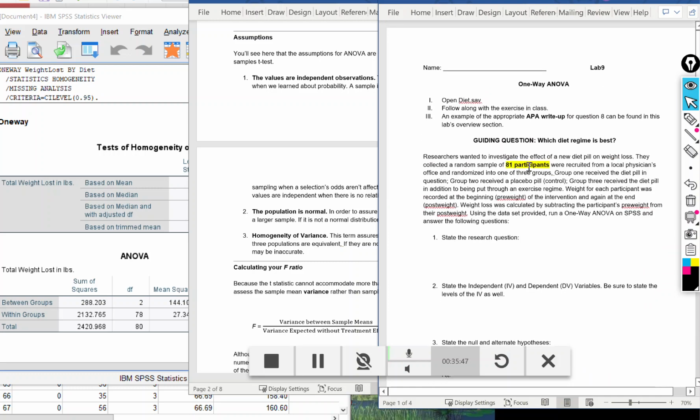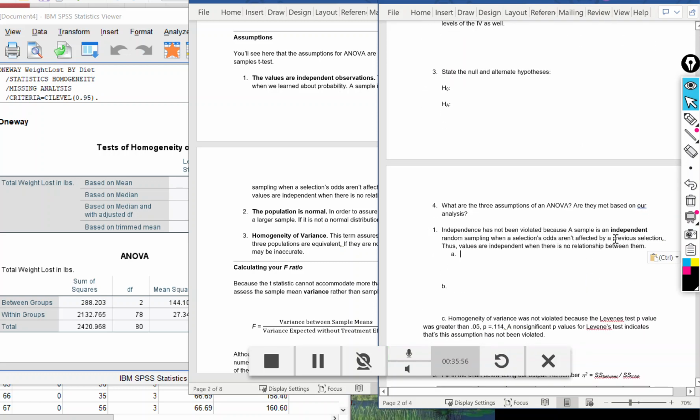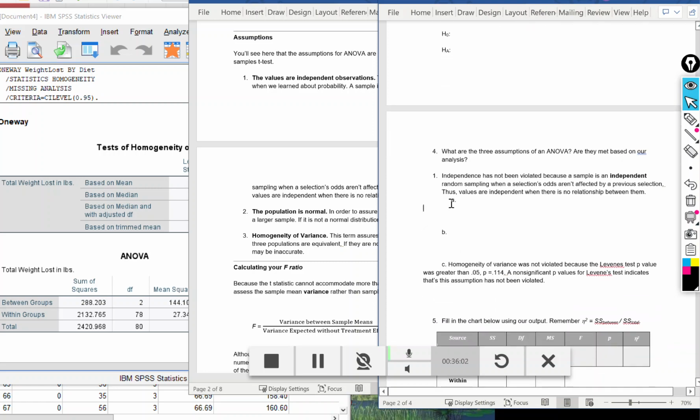For this lab, just assume that we got a random sample and it's independent. We just write that because of whatever the walkthrough says right here. All right, so let's move on to B.